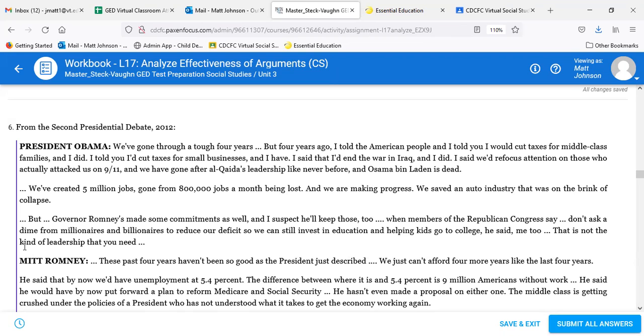That is when we spend in a negative amount over a period of time, basically annually. Deficit spending means we're spending more than we're bringing in.